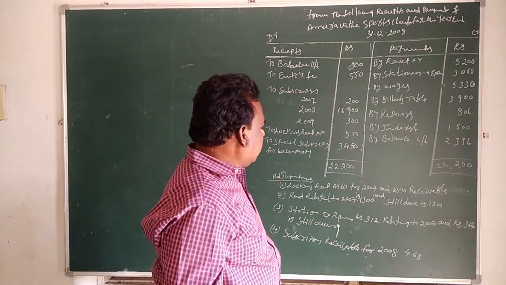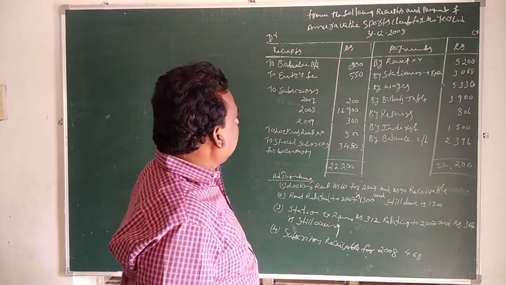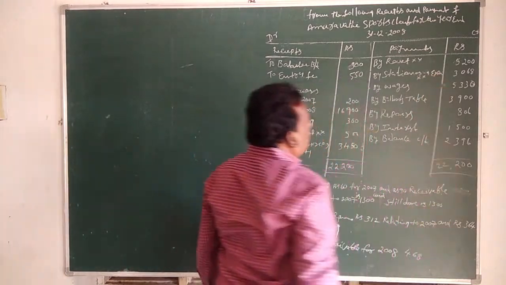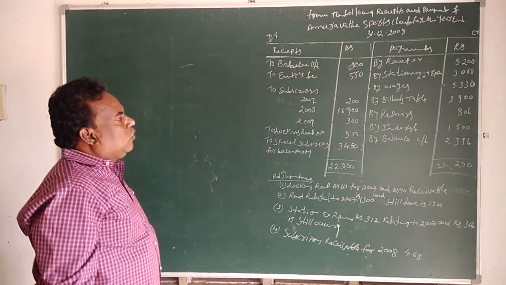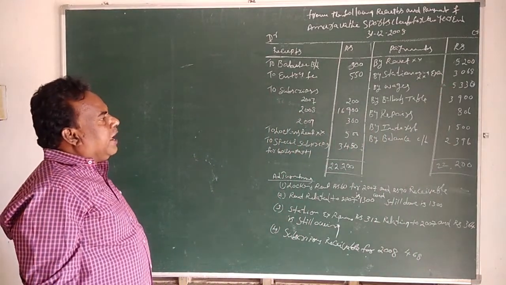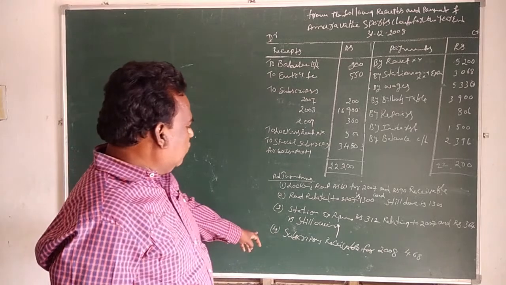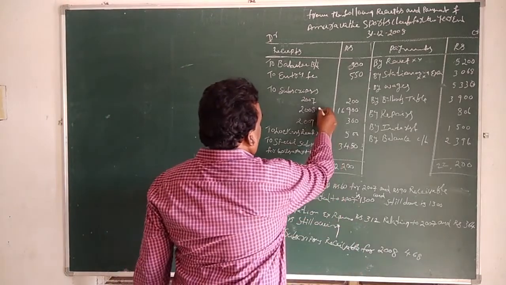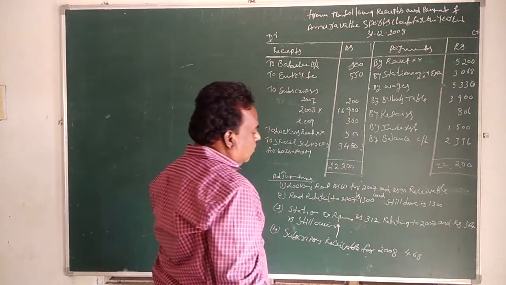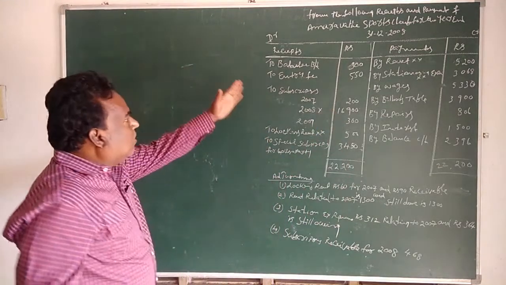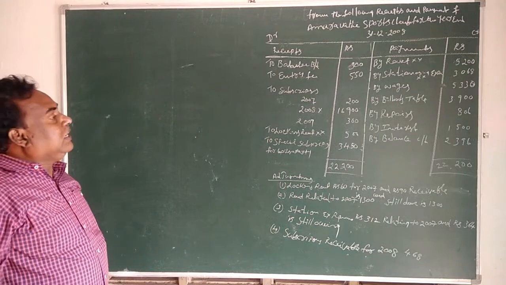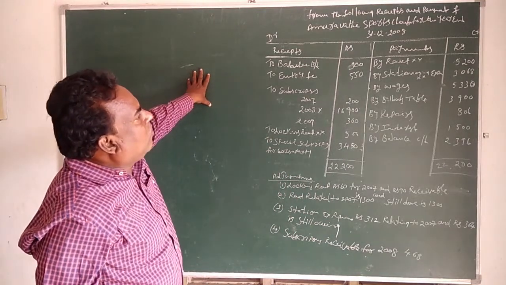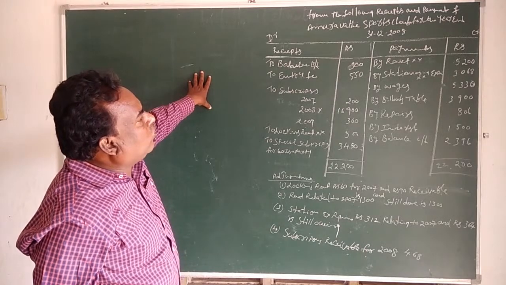Similarly, stationery expenses: two adjustments related to 2007 and 2008. Then subscriptions receivable for the year 2008 is 468. This is the receipts and payments account of Amaravati Sports Club for the year 31st December 2008.